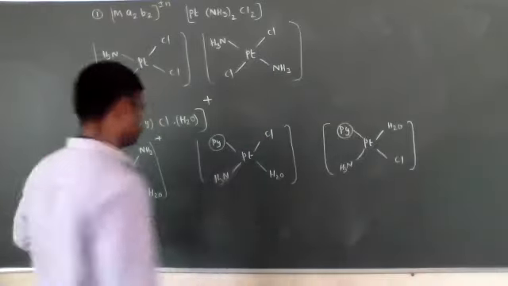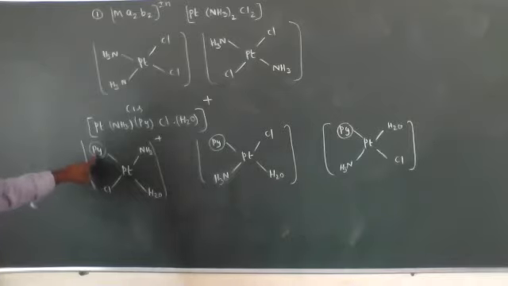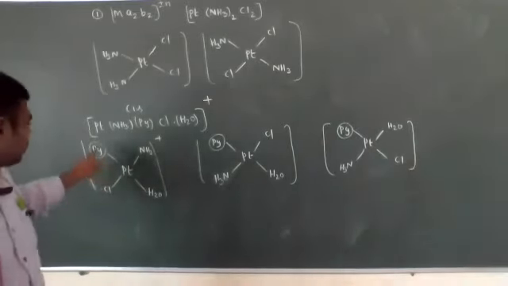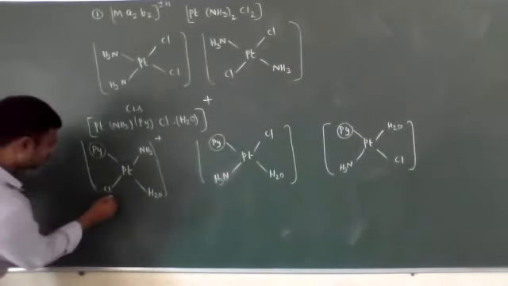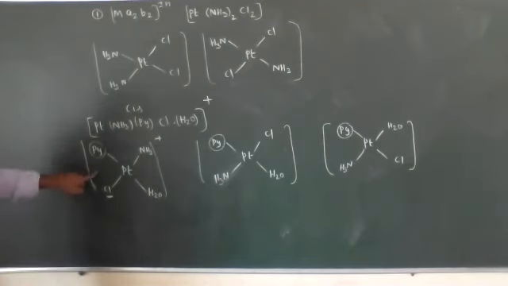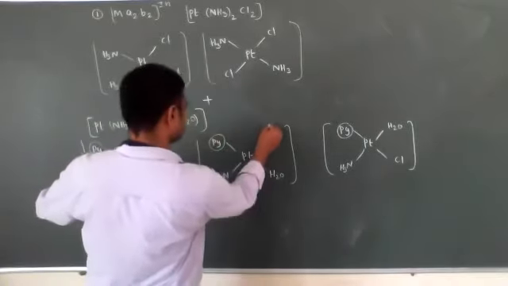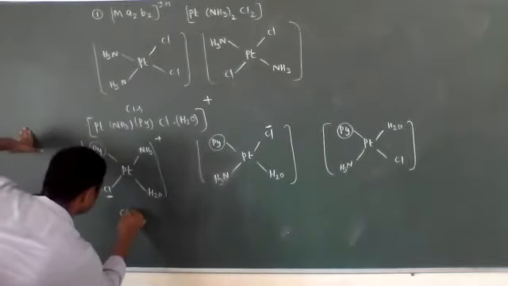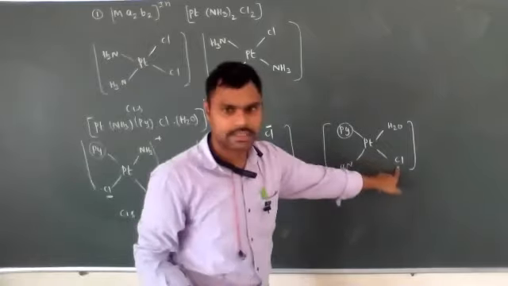Now you have to check with respect to chlorine, with platinum fixed. Here chlorine is side by side, on the same side of the pyridine, and here also chlorine is on the same side, which means it is cis. So this is a cis form and this is also a cis form. But here chlorine becomes trans.